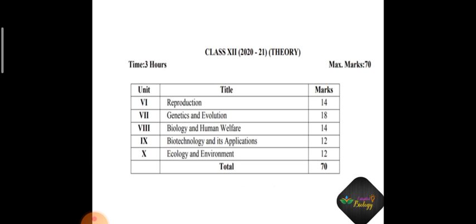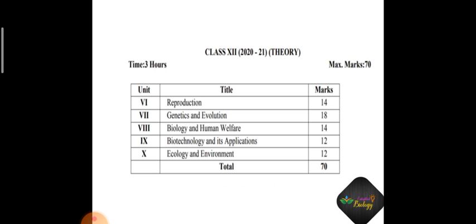If you feel so, you can look at this marking scheme, that means the mark distribution which is given here, and you can follow that. So which is carrying higher marks here? Genetics and evolution is carrying higher marks, which is 18. Next come reproduction and biology and human welfare.